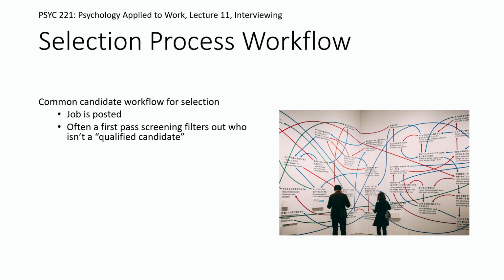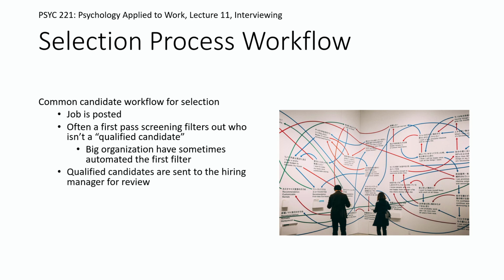So you have some sort of first pass filter, often done by the HR department, sometimes even done through a computer program. In some cases, the first pass can be automated just to make sure you have X years of experience and these credentials or whatever. And then you find the qualified candidates that get through that.